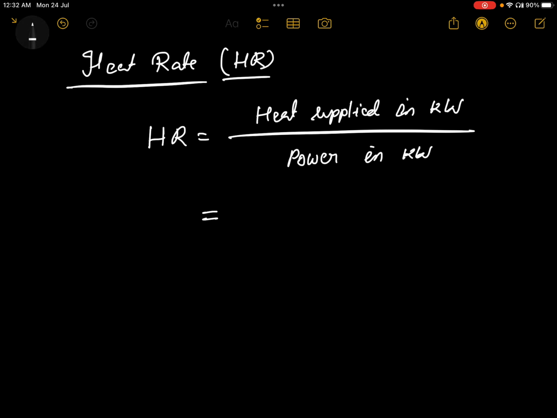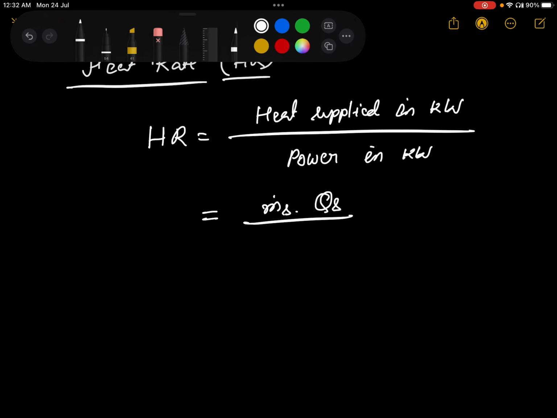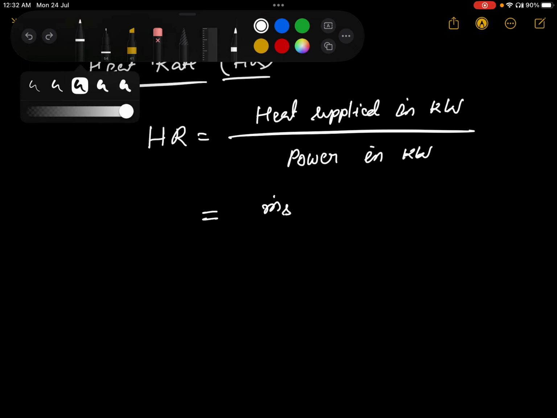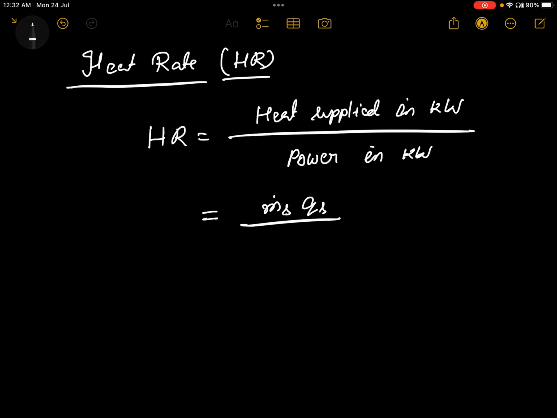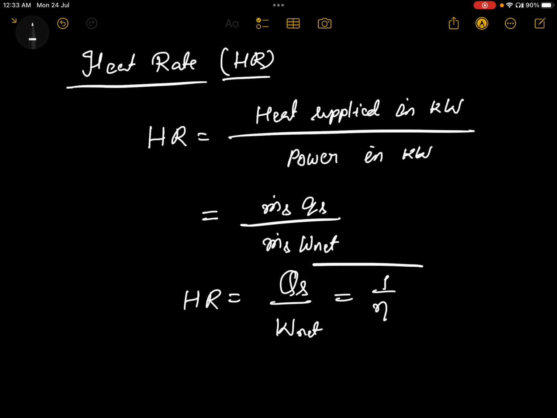So we can write heat rate is equal to mass of steam into heat supplied, divided by mass of steam into w net. So the heat rate is actually Q supplied upon net work, or we can say it is the inverse of efficiency. Heat rate is the inverse of efficiency.